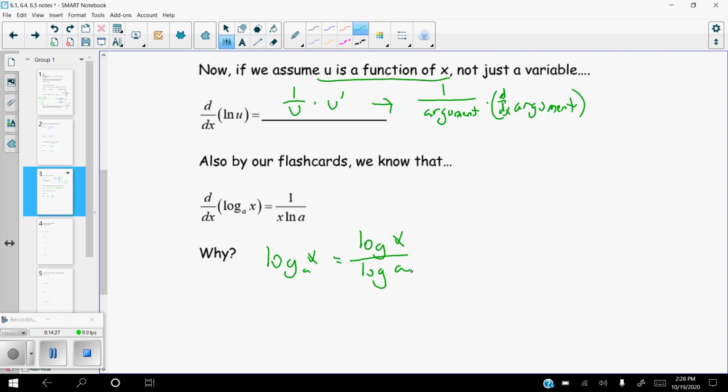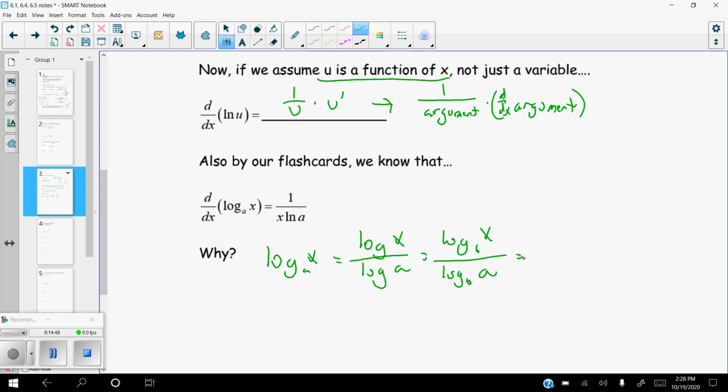And the base doesn't matter. In this case, the way I have it written, it's base 10 because that's understood, but it could be anything. I could write this as the log of x base 6. Makes no difference. That's the nice thing about the change of base formula. Oops, that should be an a on the bottom. That's the nice thing about the change of base formula, it doesn't matter what the base is.